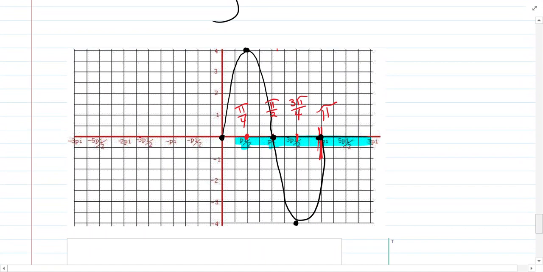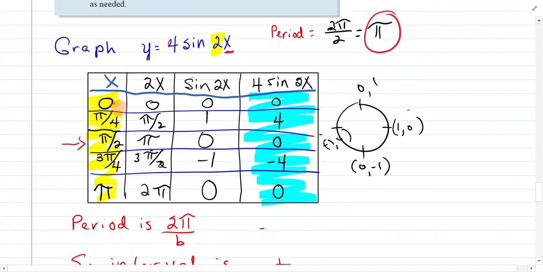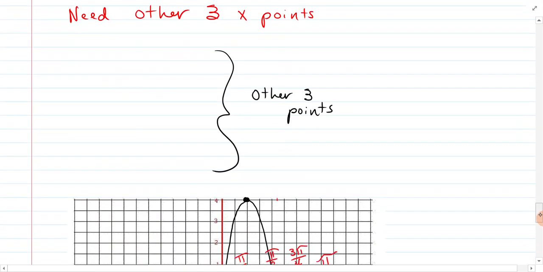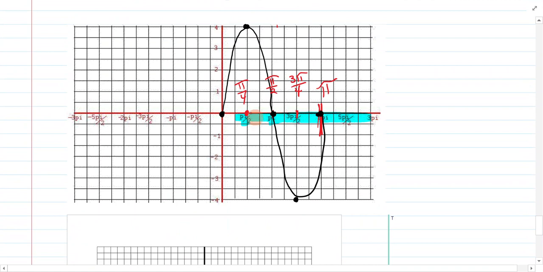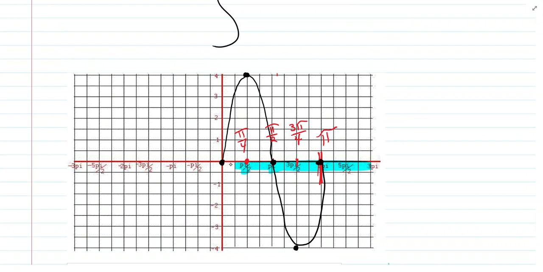So look here. When x is 0, y was 0. If we look back at our blue, x is 0, y is 0. Okay, so at pi over 4, we're at 4.